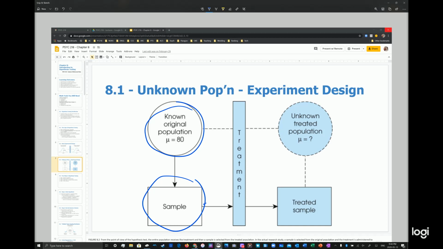But if we treat that sample, the sample becomes a treated sample, and we're trying to see then if this treated sample is still getting scores that are the same as or within the expected range of the population distribution, or is it far enough away from that for us to go, yeah, this is going to be from an entirely different population.